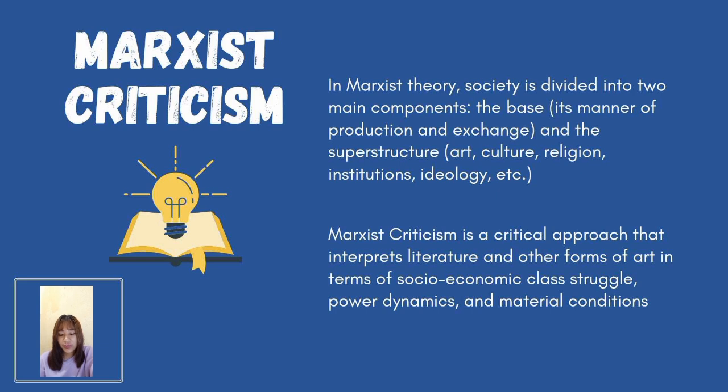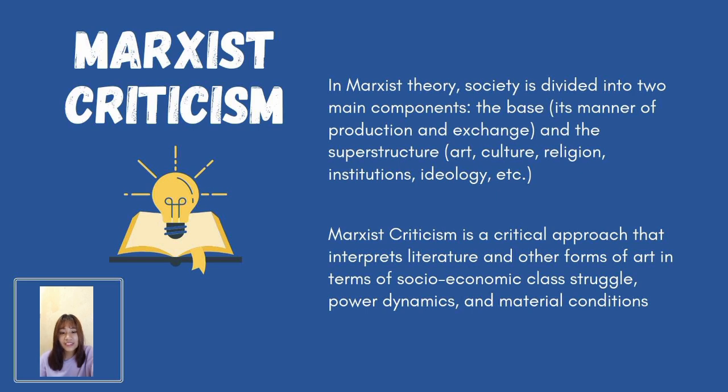The superstructure consists of the cultural, ideological, and institutional aspects of society, such as art, religion, education, and legal systems. The superstructure arises from and reflects the base, but also serves to maintain and legitimize the existing economic system.